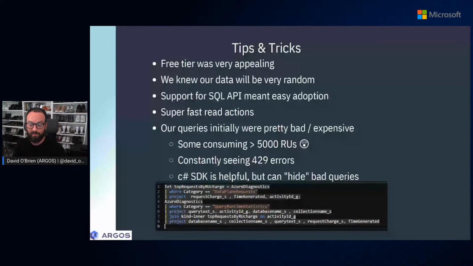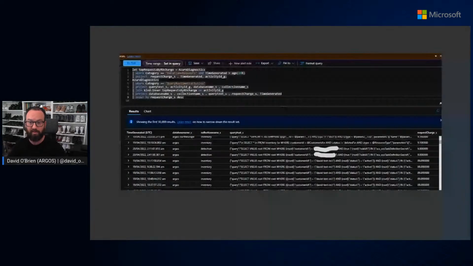So luckily we sent all our Cosmos DB metrics into Log Analytics, and we could just use this query that you can see, which is straight from the documentation. So don't worry about copying this, but feel free to take a screenshot. Take this query and see which queries were consuming how many request charges.